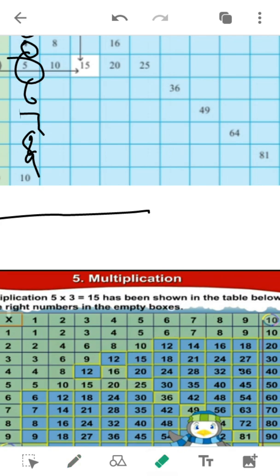So if 2 times table is 2 multiplied by 1 is equals to 2. 2 multiplied by 2 is equals to 4. 2 multiplied by 3 is equals to 6, and 2 multiplied by 4 is equals to 8, and 5 multiplied by 2 is equals to 10.